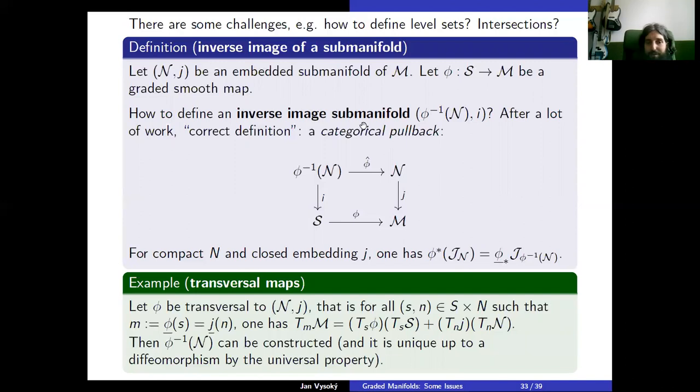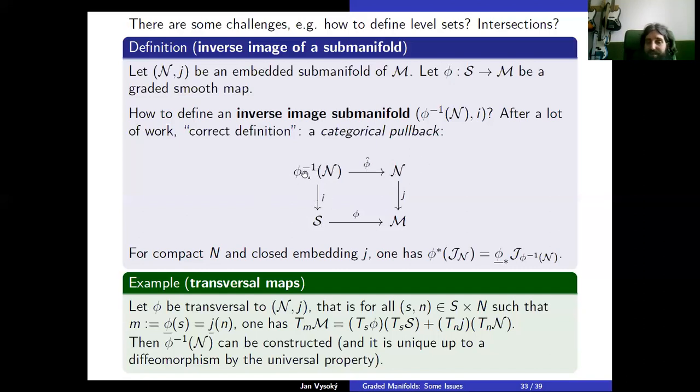I would like to have some embedded submanifold, which I denote as the inverse image of N. And the correct definition, which I think is correct, is to define it to be a pullback in the category of graded manifolds. So what is a pullback? It's a diagram of this form. I have phi here, j here, and I have to construct new maps I and phi hat here.